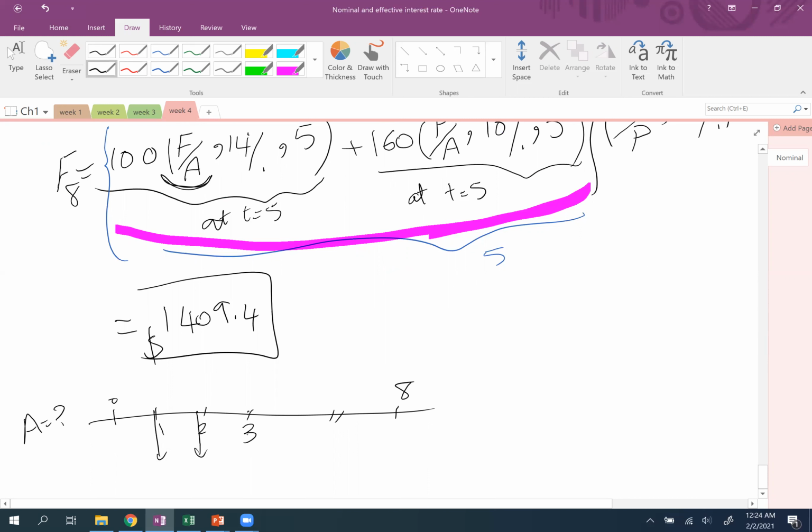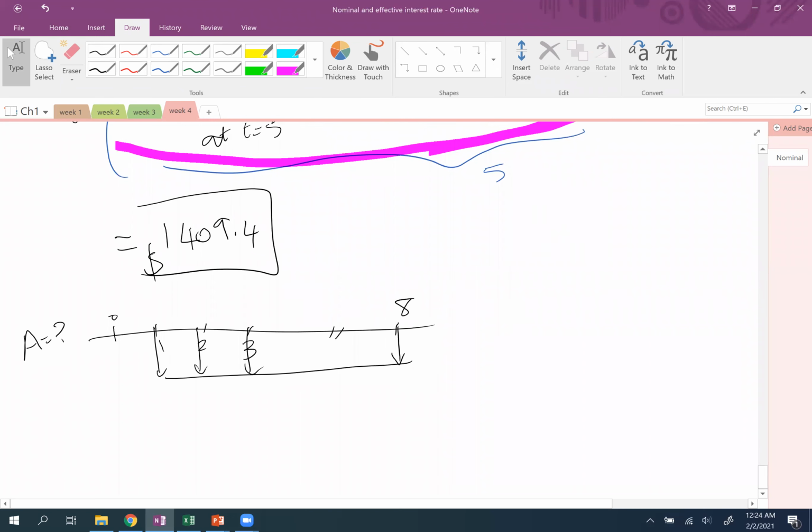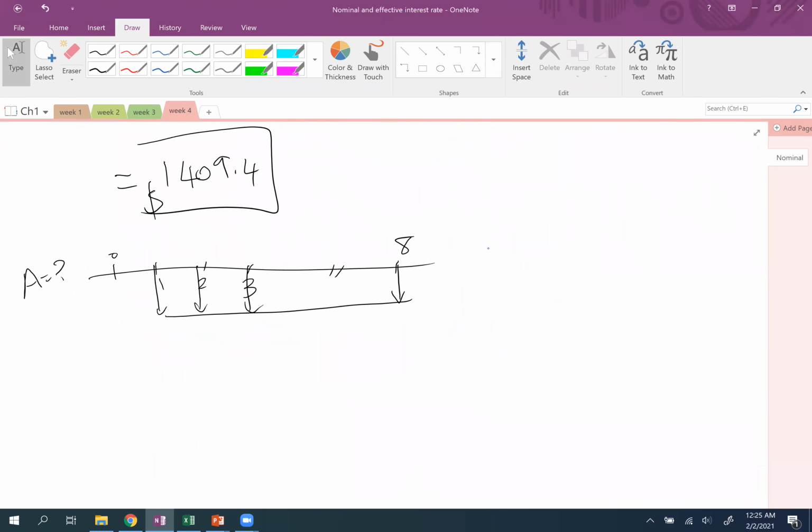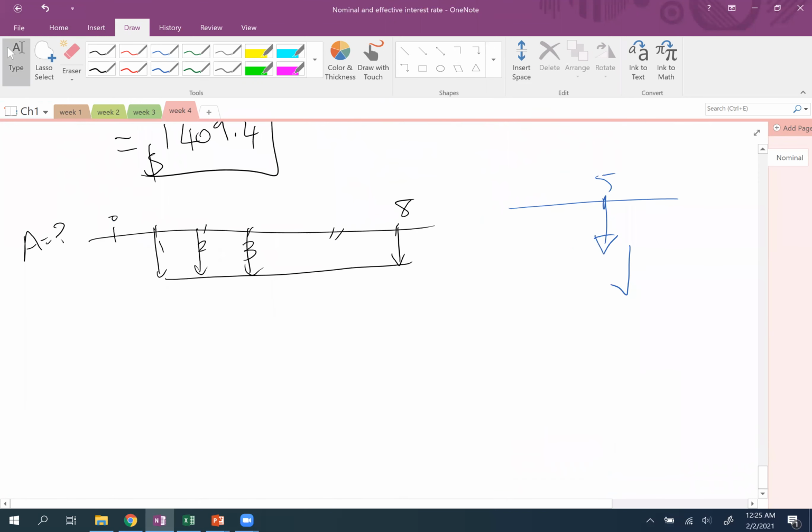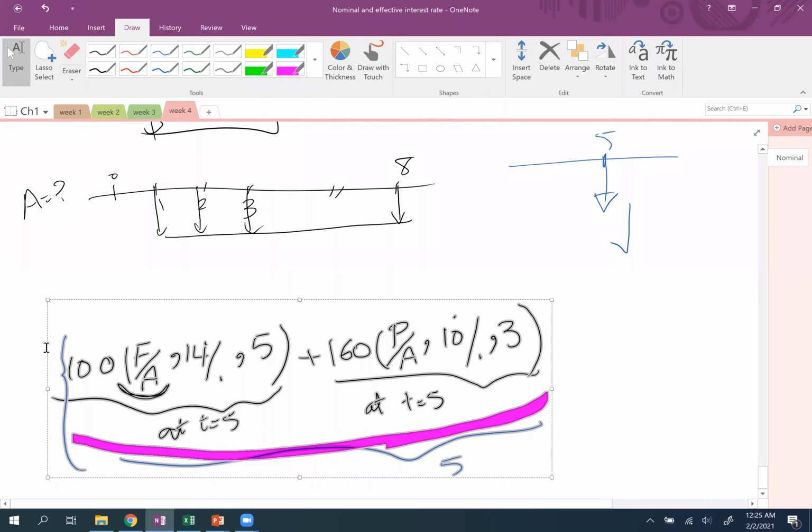To answer this question, probably the easiest thing to do, again, to look at this, is that I shift everything to time equal to 5, that I have over here. So let's say I already know that there is a single cash flow with a known value at time equal to 5. I know that because it is equal to, let's see, if I do Control V again, I can paste that over here. Yes.